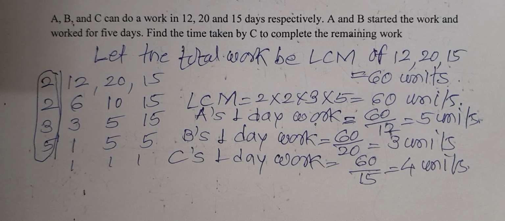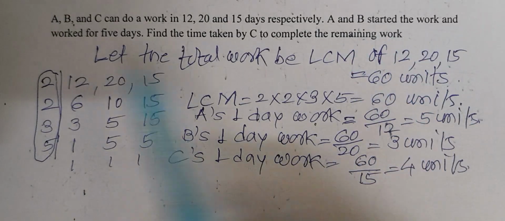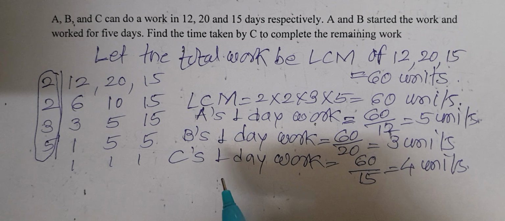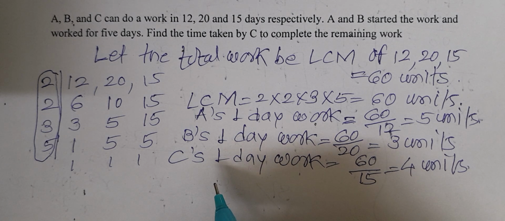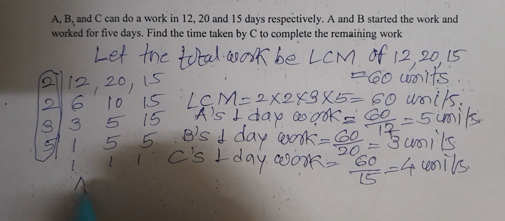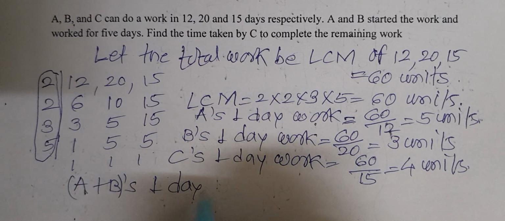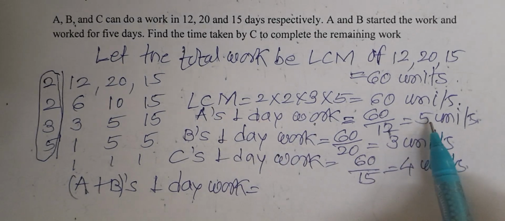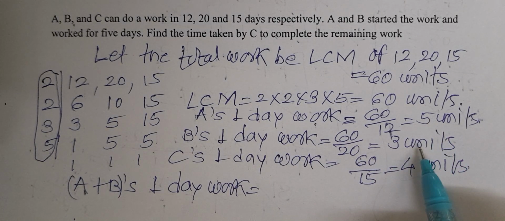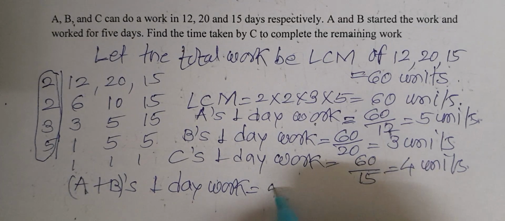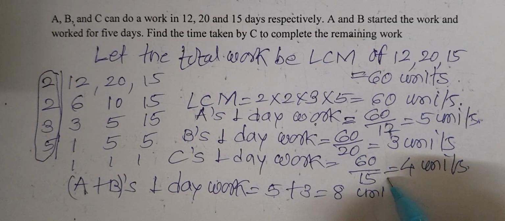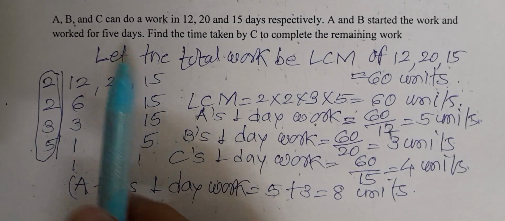A and B started the work and worked for 5 days. So A plus B's one day work is equal to 5 units plus 3 units. 5 plus 3 is equal to 8 units, and they have worked for 5 days.